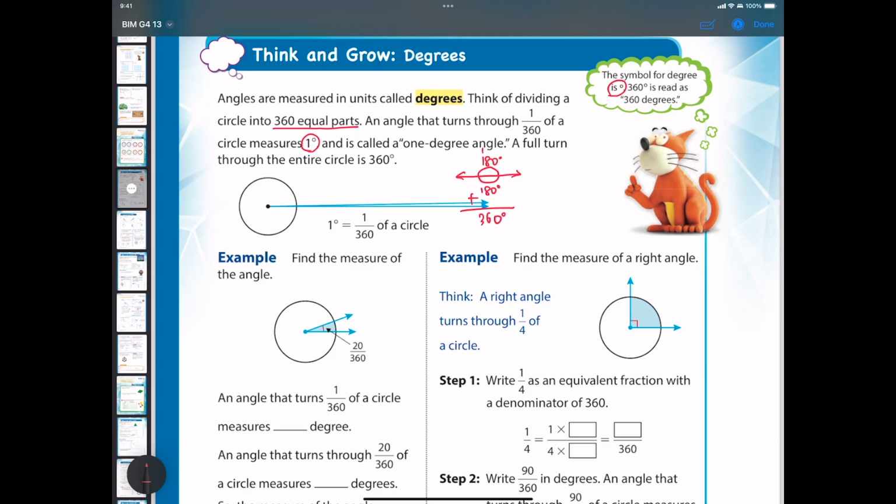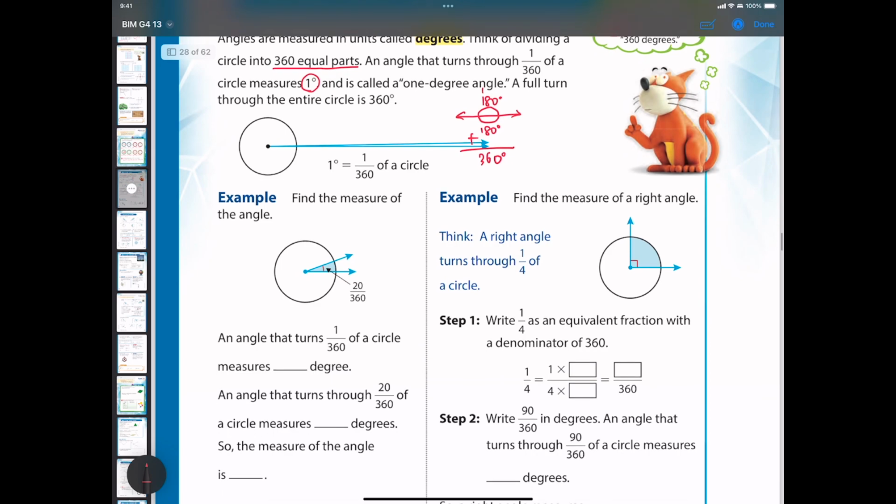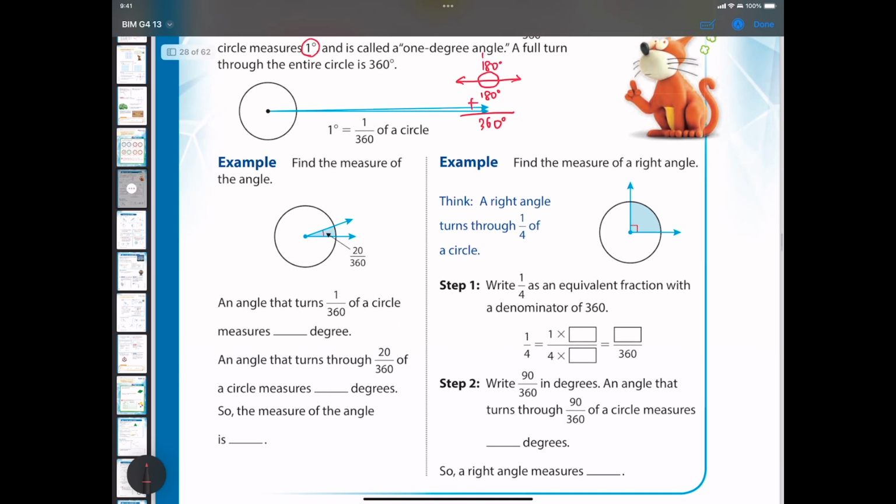360 degrees is read as 360 degrees. Let's move on. A full turn through the entire circle is what? 360 degrees. And just imagine you divide this circle into 360 pieces.